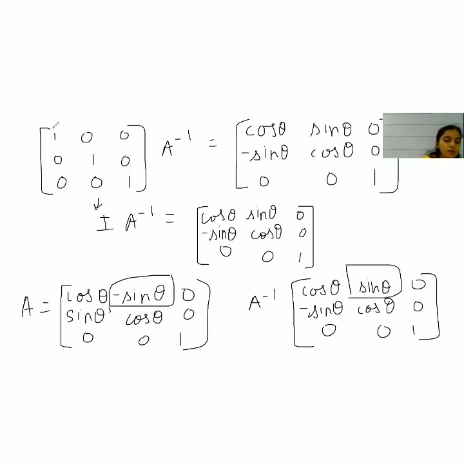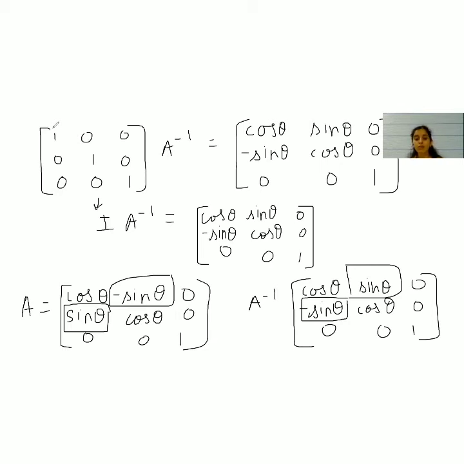Similarly, in A we have plus sin theta in the second row, and in A inverse we are having minus sin theta. The remaining elements are the same. Cos theta has remained cos theta, and all the zeros and ones are also the same. That means any trigonometric inverse that you will find out, the answer to it is very simple.